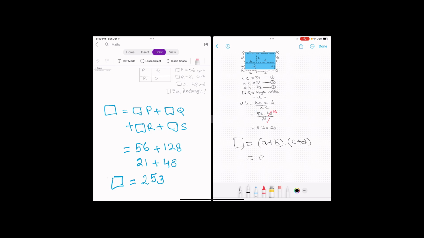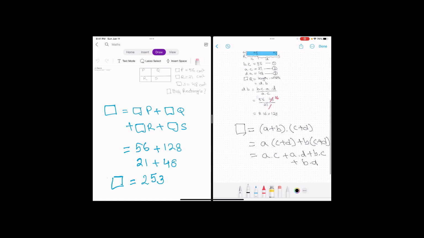And if I simplify this, I will get A multiplied by C plus D plus B multiplied by C plus D. If I keep on simplifying this, I get A into C plus A into D plus B into C plus B into D. Now again, you would see that we have been given A into C from equation 2 is 21. A into D from equation 3 is 48.